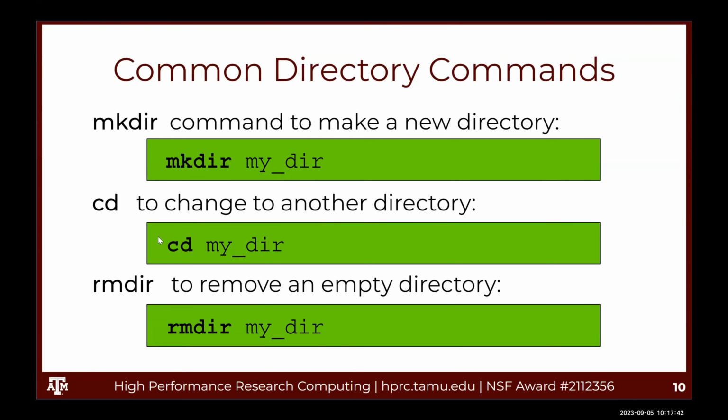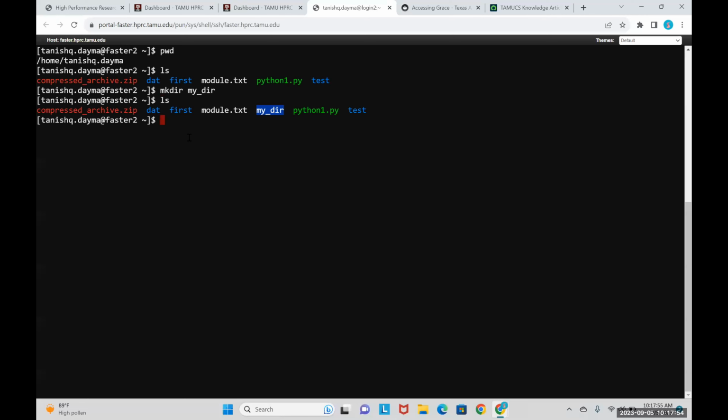The next step, once you have created a directory, is to go inside that directory and work inside it, right? For that, the next command is cd, which stands for change directory. So we will do cd my_dir and enter.